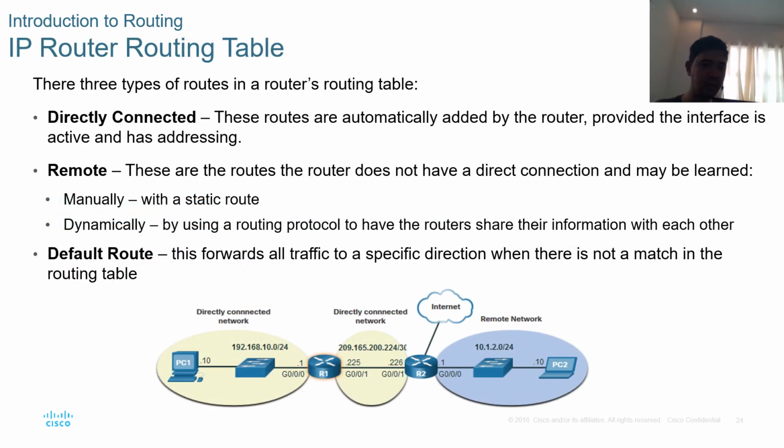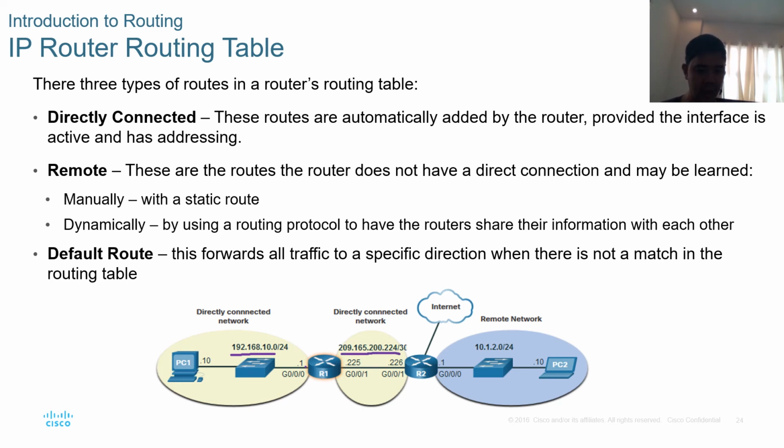What we usually see in the routing table is the status of the route entry. The possible status of a route entry may be directly connected, remote, or default route. For example, let's look into R1. R1 has the network 192.168.10 and also 209.165.200.224.